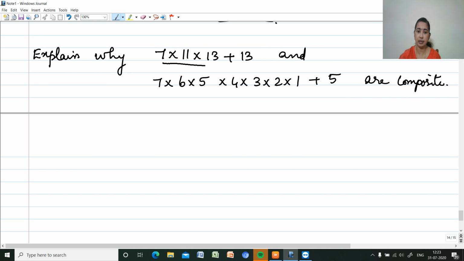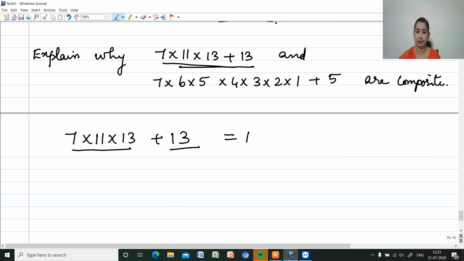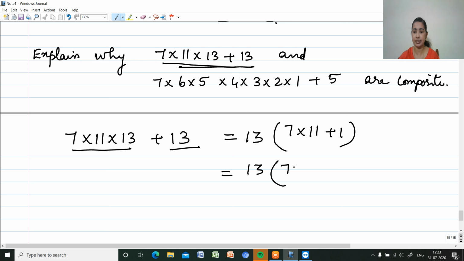We will take the first one first, that is 7 into 11 into 13 plus 13. In these two terms, this is the first term, this is the second term. We can see that 13 is common for both. So 13 we can keep outside. Remaining 7 into 11 plus 1. 7 into 11 gives 77 plus 1, that is 13 into 78.